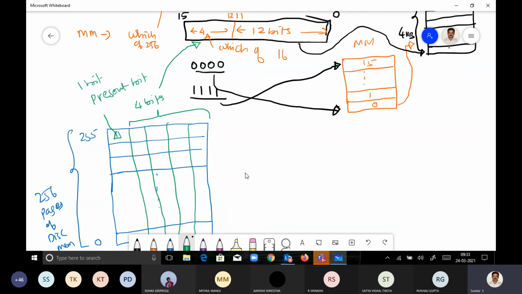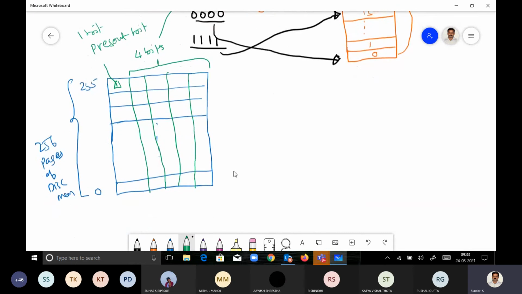Now, what is this table? The name of this table is page table. This page table contains 256 rows because 256 pages are there in the disk memory, and 5 columns.